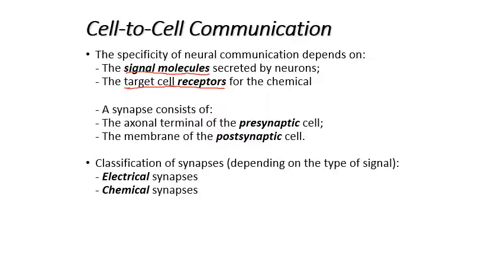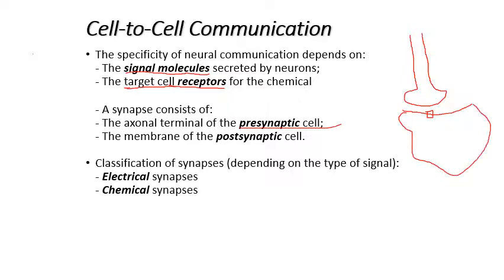Now, this takes place where we have the axon terminals coming down, and those would be considered part of the presynaptic cell. There's the terminal, and here's, say, the membrane of the target cell. So the neuron would be the presynaptic cell, before the synapse.